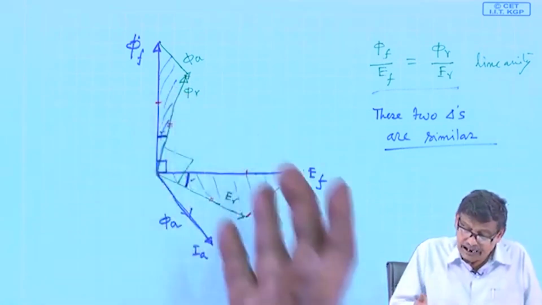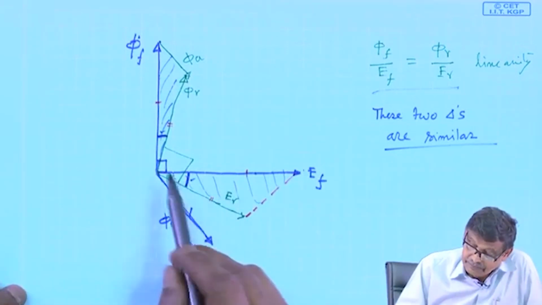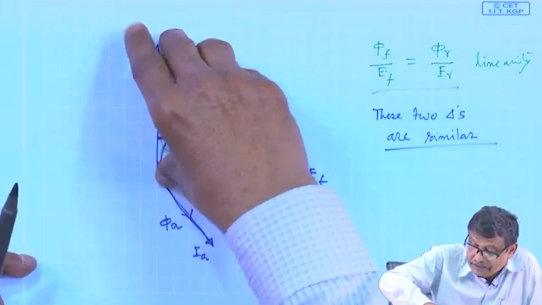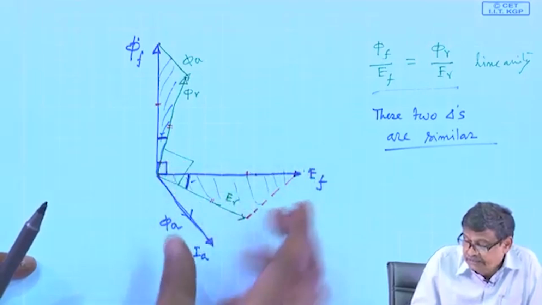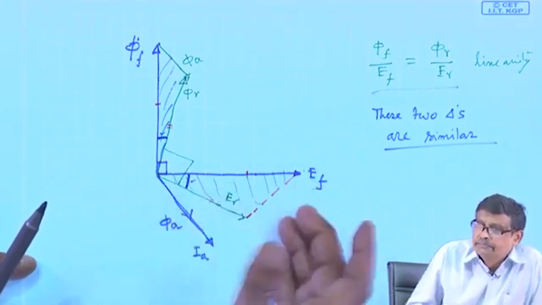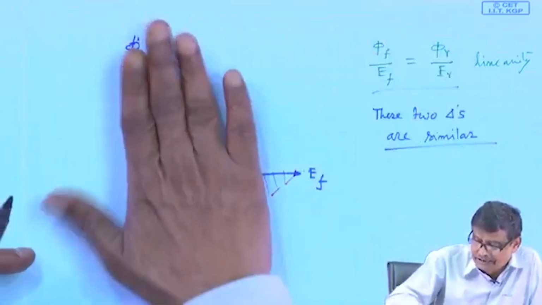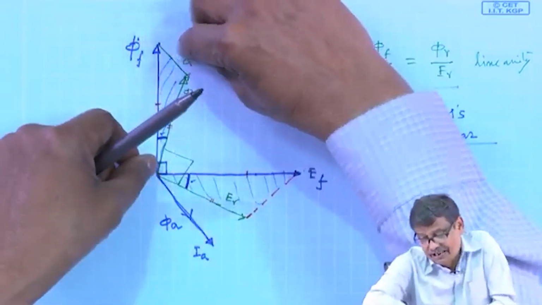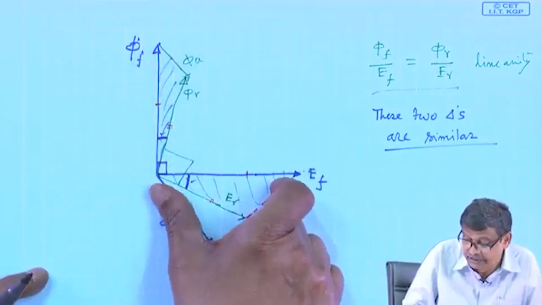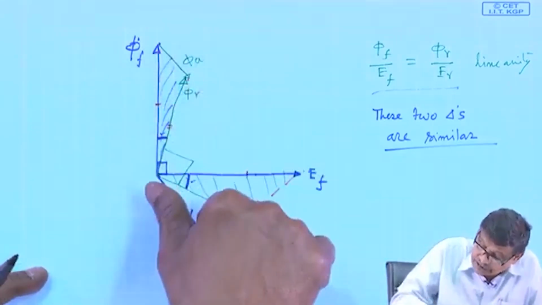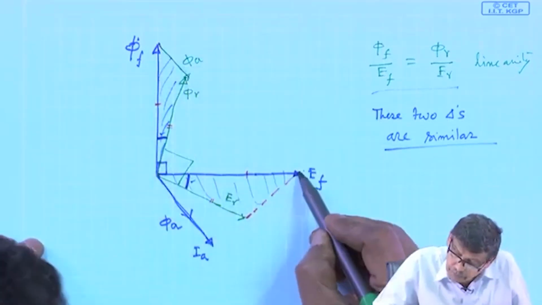If these two triangles are similar, then another conclusion I can make. It is as if this triangle has been rotated by 90 degree and proportionately their lengths have been changed. It means that this whole triangle has been bodily moved by 90 degree. So, this side has moved 90 degree, this side has moved 90 degree, and this side must have also moved by 90 degree.